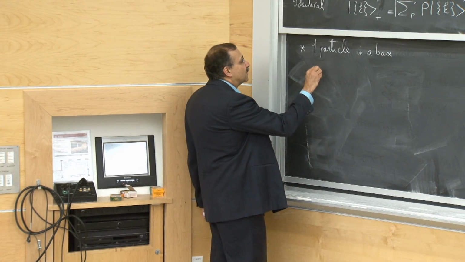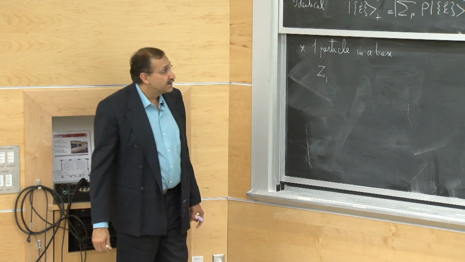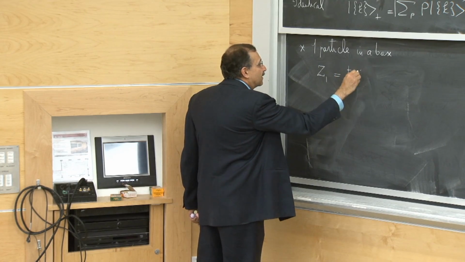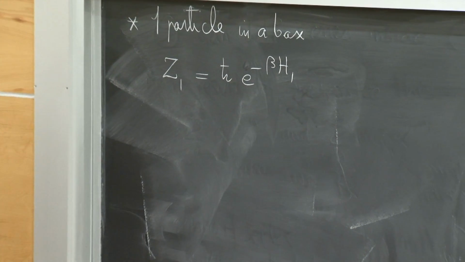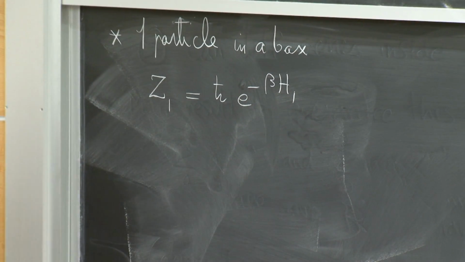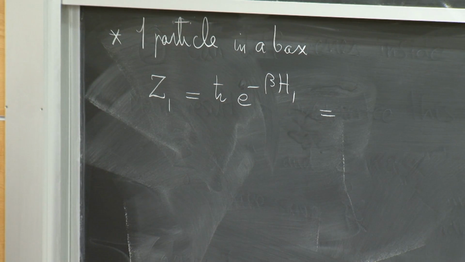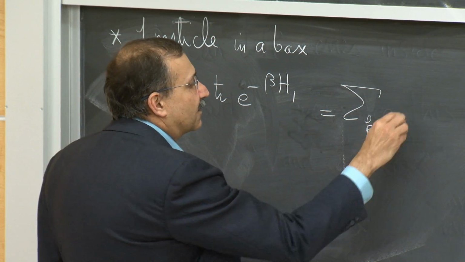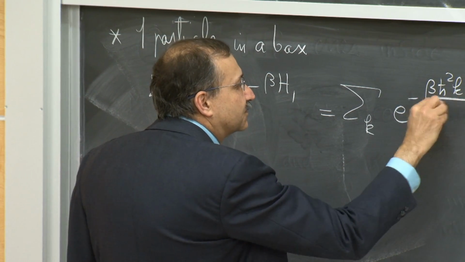If I want to calculate the partition function for one particle in the box, I have to do a trace of e to the minus beta H for one particle. The trace I can very easily calculate in the basis in which this is diagonal. That's the basis that is parameterized by these k values. So I do a sum over k of e to the minus beta h bar squared k squared over 2m.